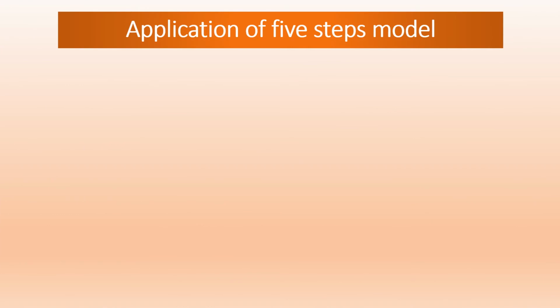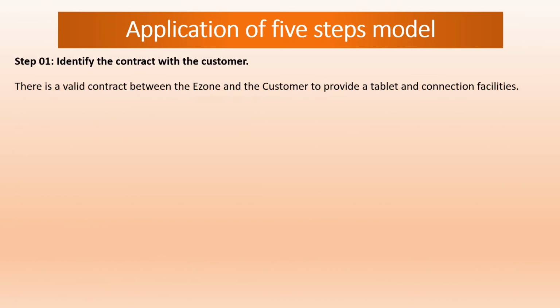As usual, let's move into the 5-step model. The first step is to identify the contract with the customer. So here, there's a valid contract between ESON and its customer to provide the tablet and the connection facilities.